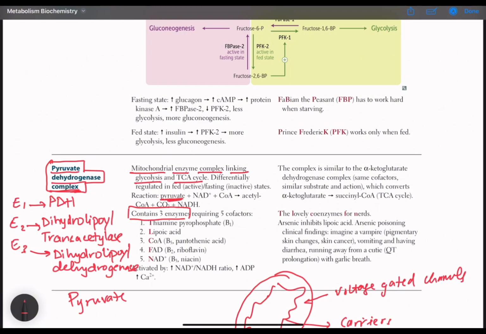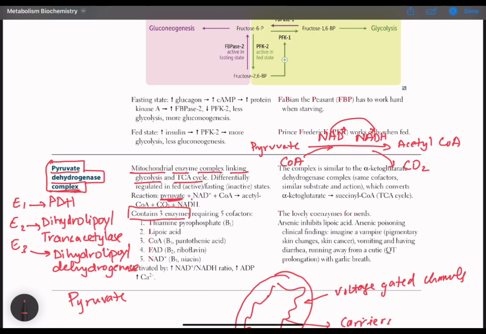Conversion of pyruvate into acetyl-CoA requires CoA, and CO2 is released, and NAD is converted into NADH in doing so. So we have NAD, we have CoA, and the products are acetyl-CoA, CO2, and NADH.